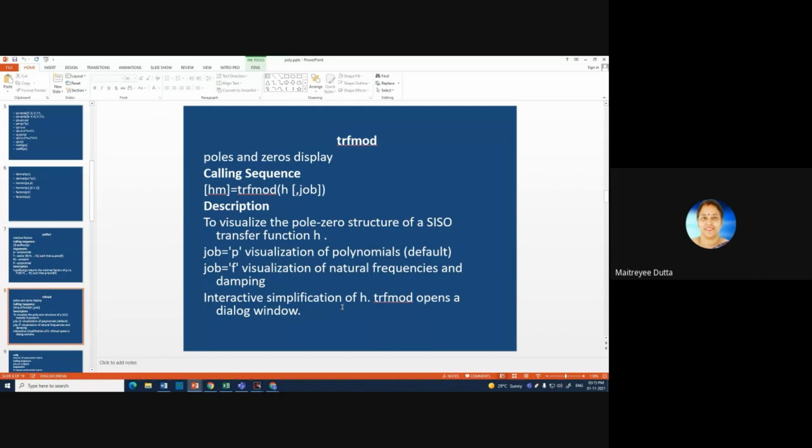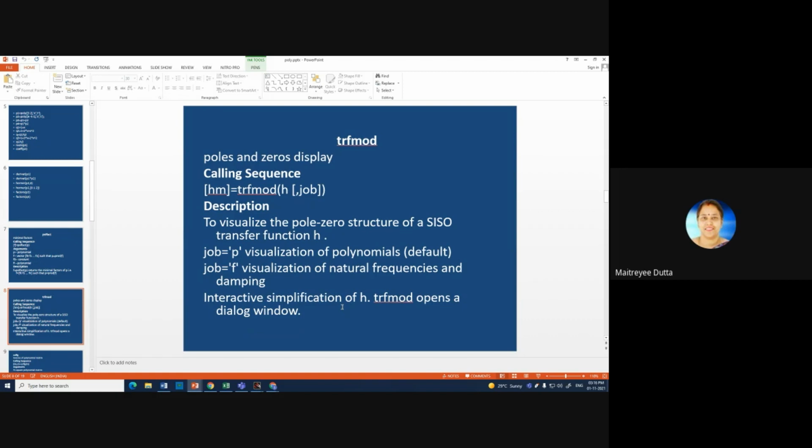Next is TRF. TRF mod, this is transfer mode, right? So TRF mod gives the pole zero structure of stabilized input and stable output.